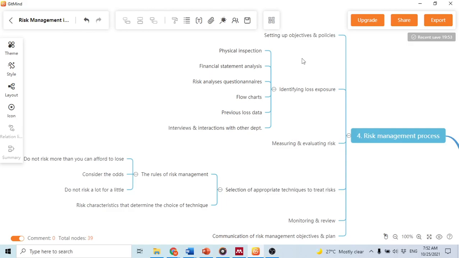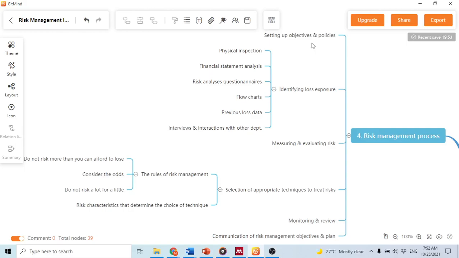So we see in setting up objectives and policy, this is the first important step in the risk management process. The policies and objectives that are formulated will provide guidance for decision making in administering the program. That is why it is important to set the objectives and policies related to risk management.